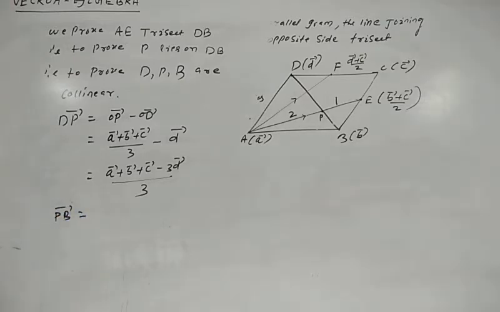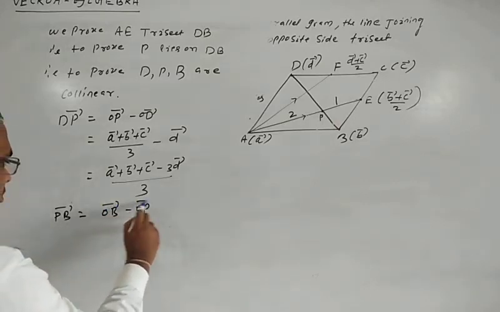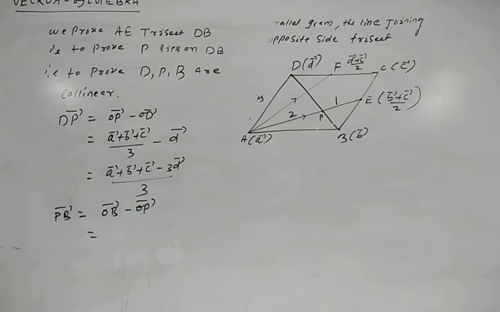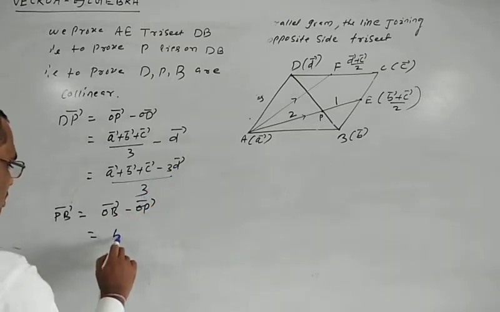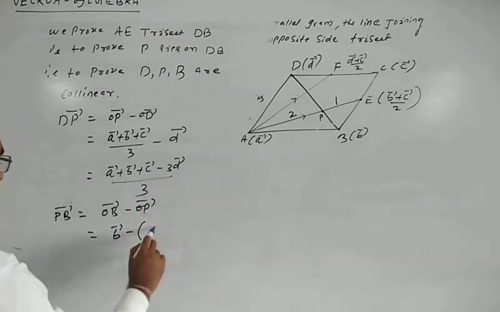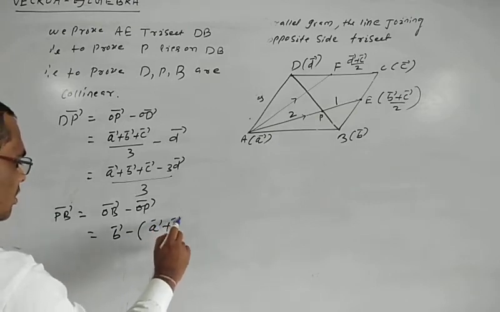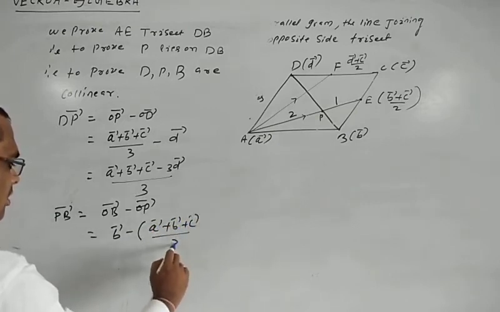PB vector means position vector of B minus position vector of P, that is OB vector minus OP vector. OB vector is B vector, and OP vector is A vector plus B vector plus C vector by 3.